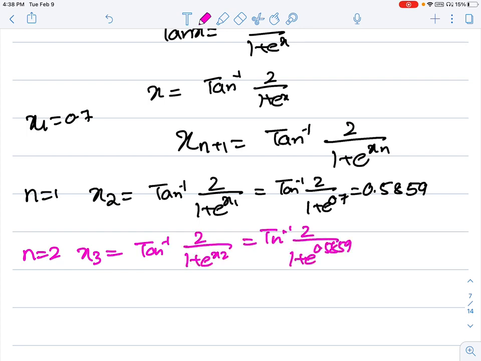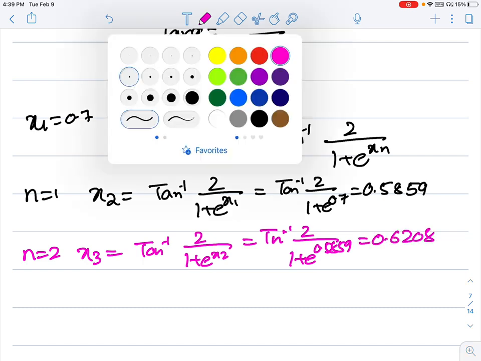I go back and change that value to 5859, so I get 0.6208.